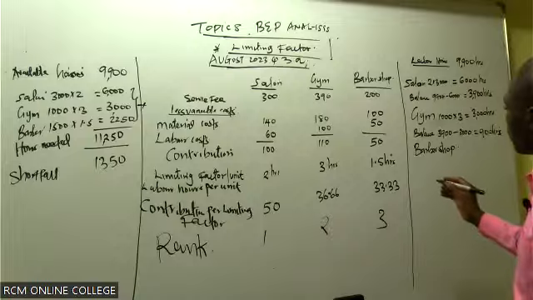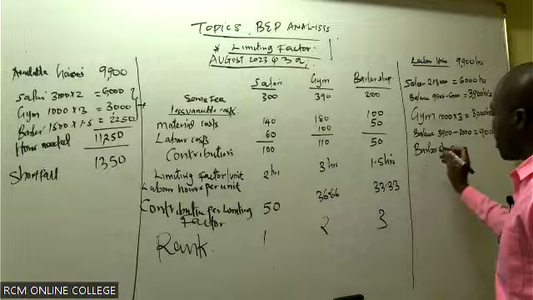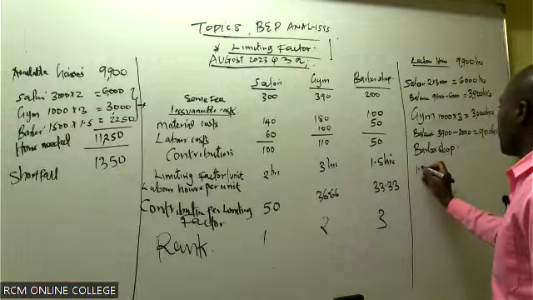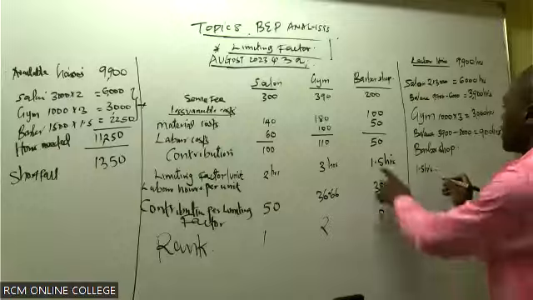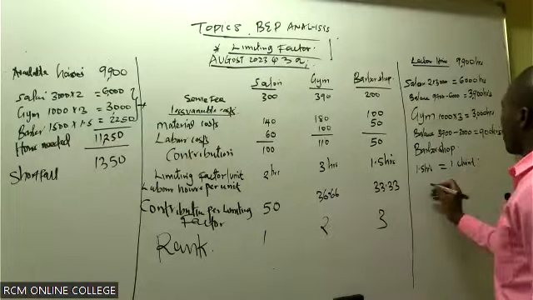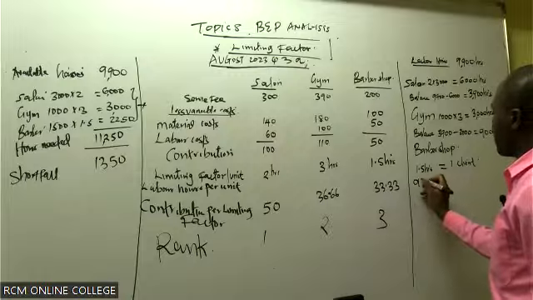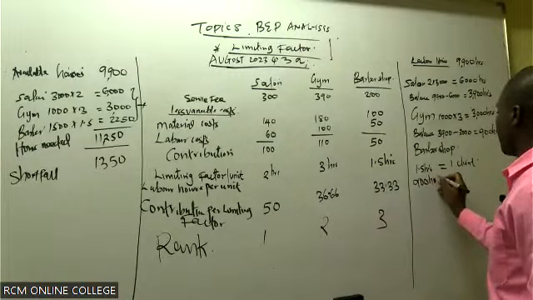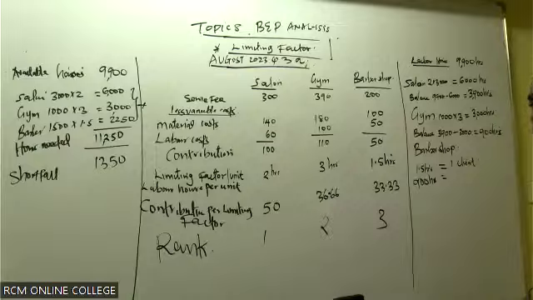To serve 1 client in the barbershop, we require 1.5 hours. So how many clients will we serve if we are given 900 hours?